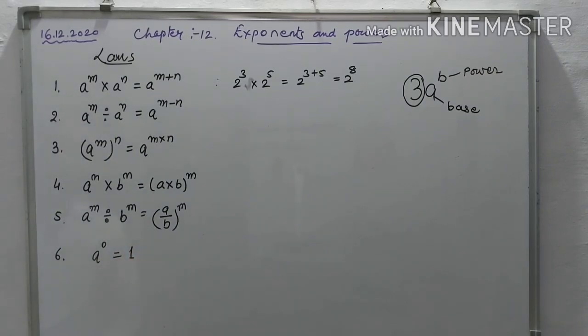Okay, and the inverse rule is seventh. Suppose a power minus 1. A power minus 1 means if any number has a negative power, you write 1 upon a power 1.